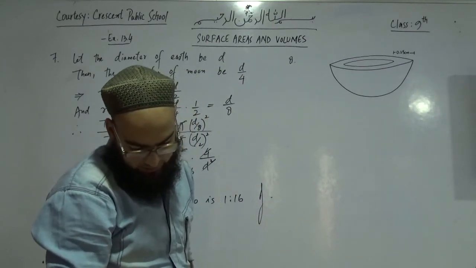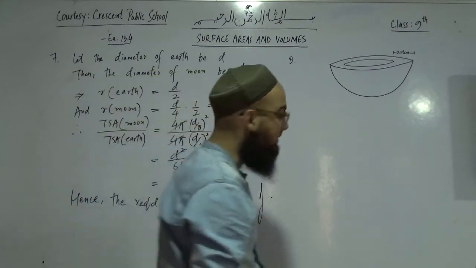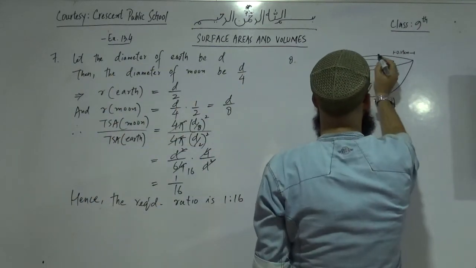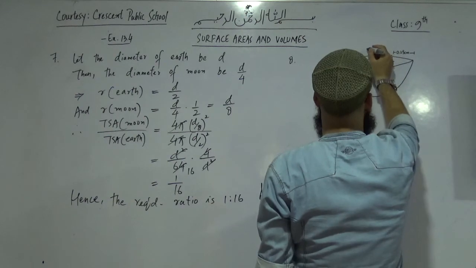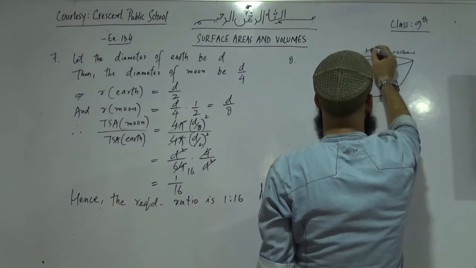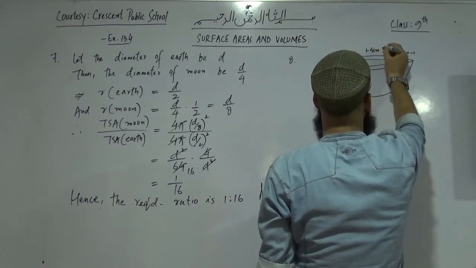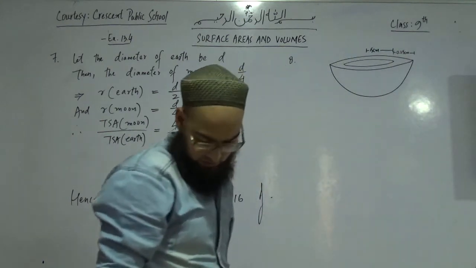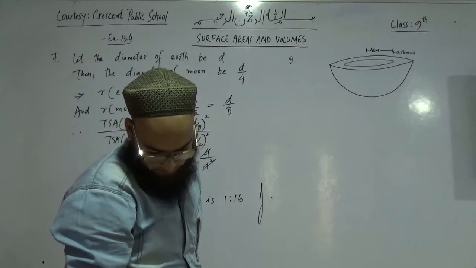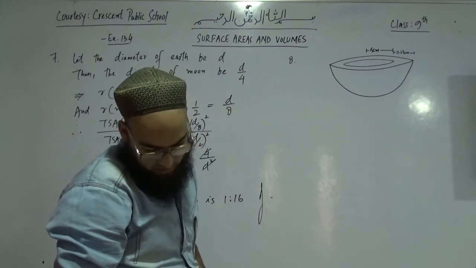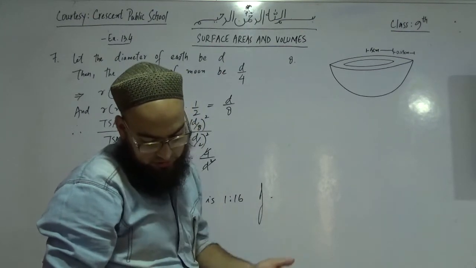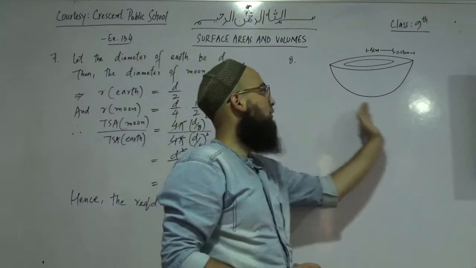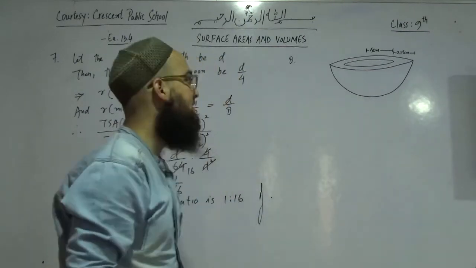The inner radius of the bowl is 5 centimeter. Inner radius is 5 centimeter. Find the outer curved surface area of the bowl. You need to find the outer curved surface area of the bowl.